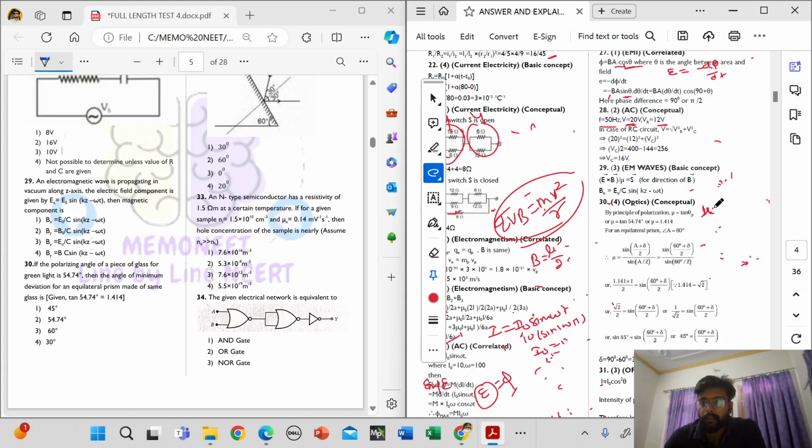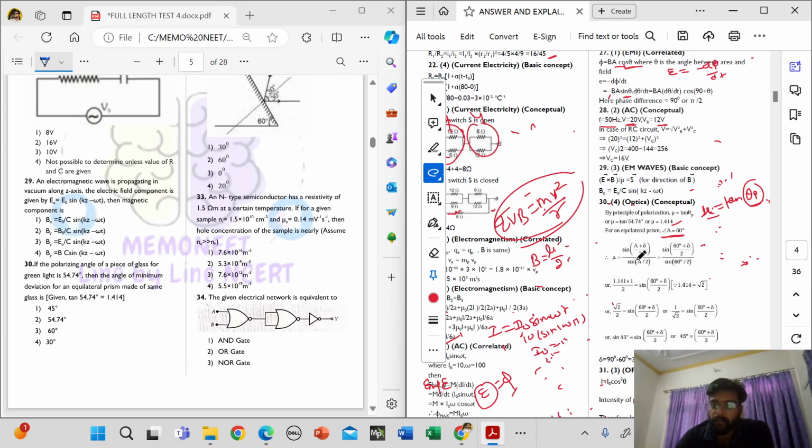From the principle of polarization, mu is equal to tan of the polarizing angle. So tan theta is 1.414, and the value of mu is 1.414. Now we have been given an equilateral prism. For an equilateral prism, the angle of prism is 60, because an equilateral triangle has 60 degrees.